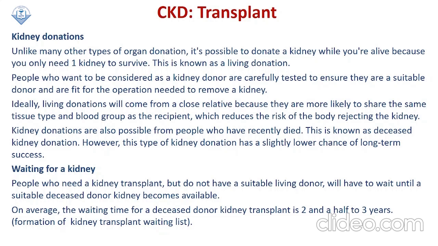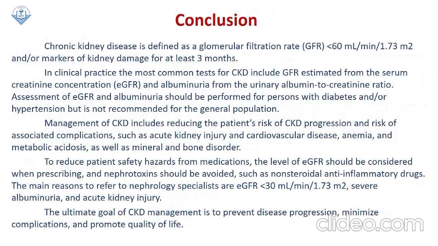They are on a waiting list during this period, and usually at this time they are getting dialysis to prolong their life until they get a donor's kidney. The wait may last 1, 2, 3 years, maybe more, it's different, but usually this method is effective and very helpful for such patients.